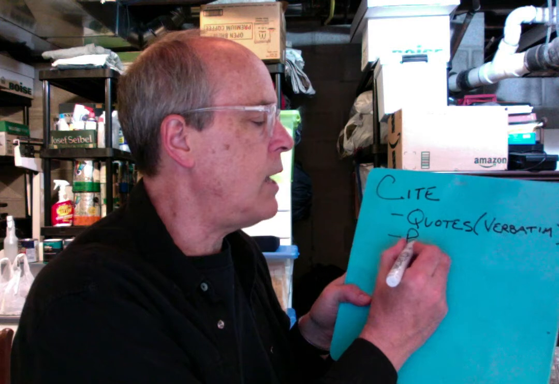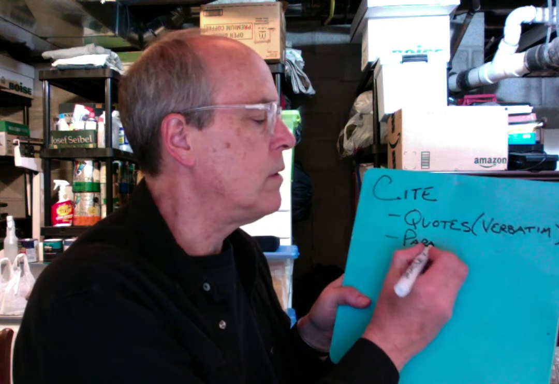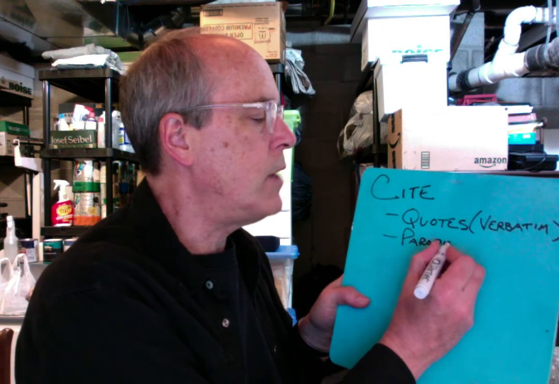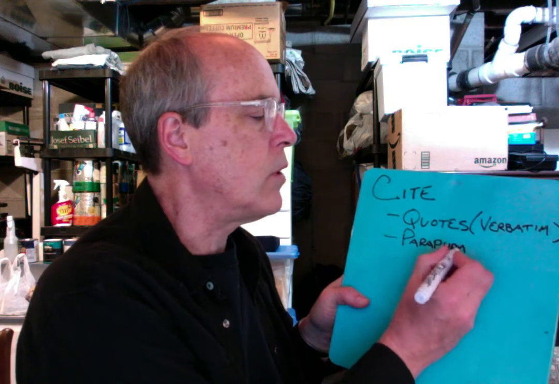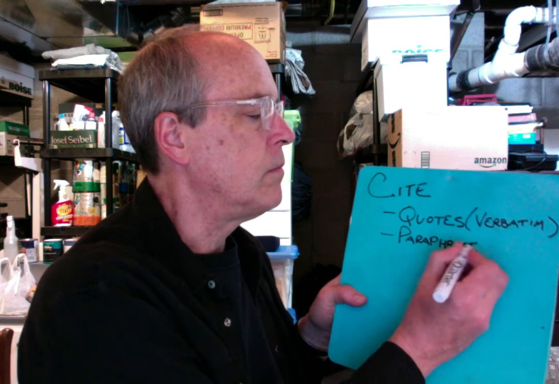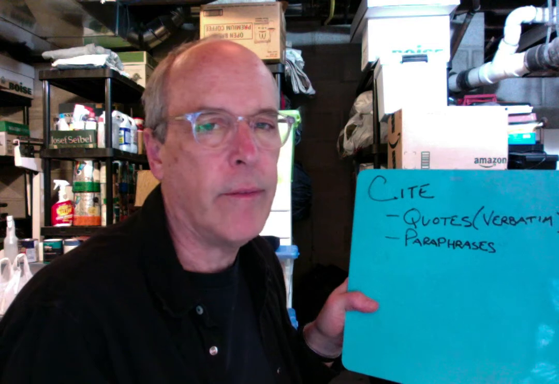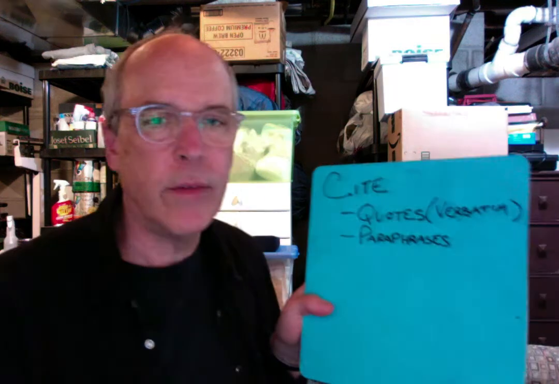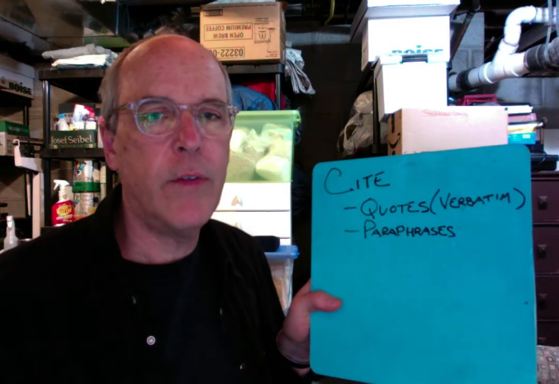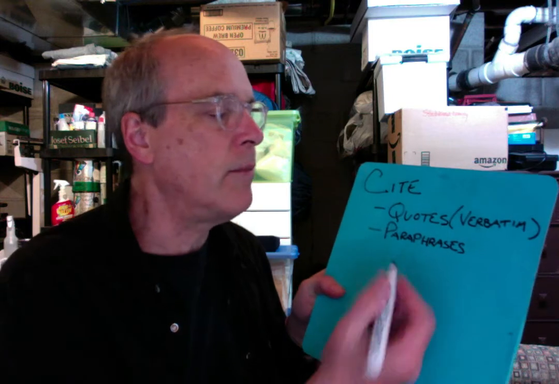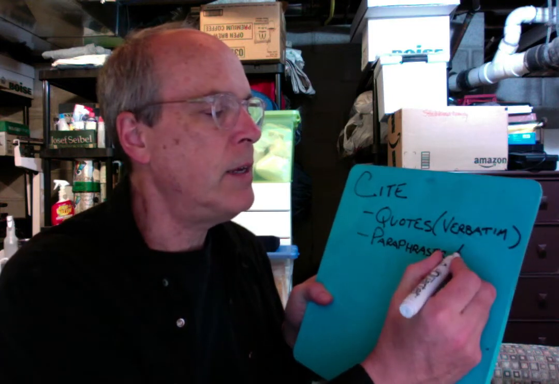But even if you take information and put it in your own words, we talked about that when we did the paper on plagiarism. Even if you put it in your own words, you're still taking somebody else's ideas.